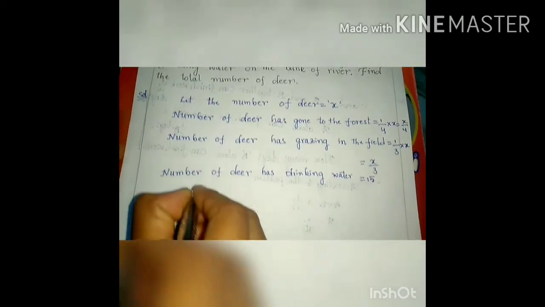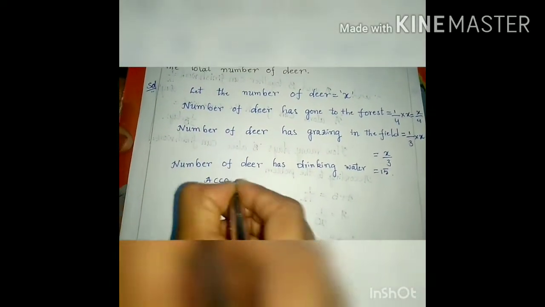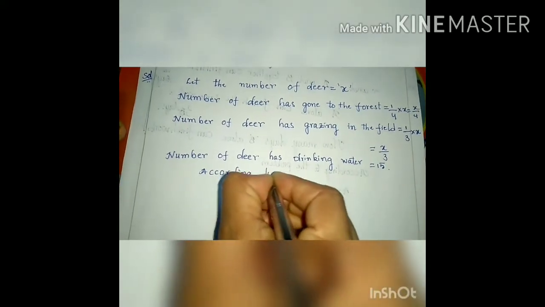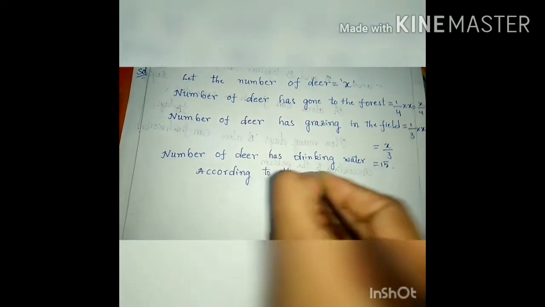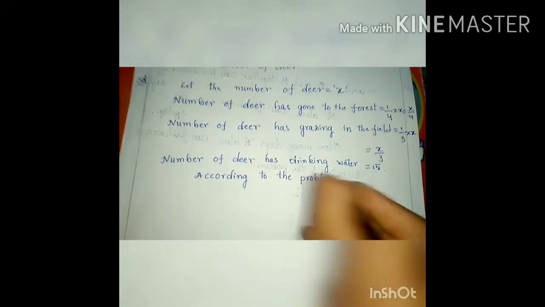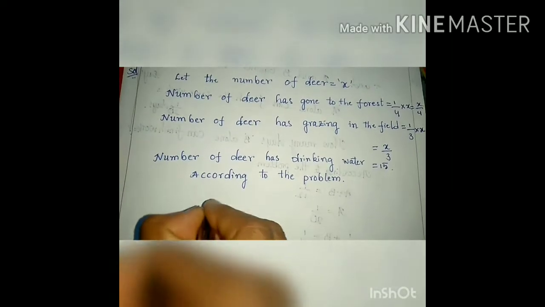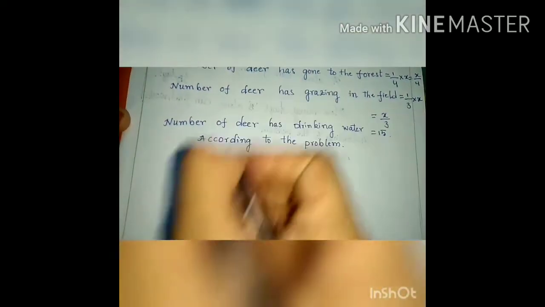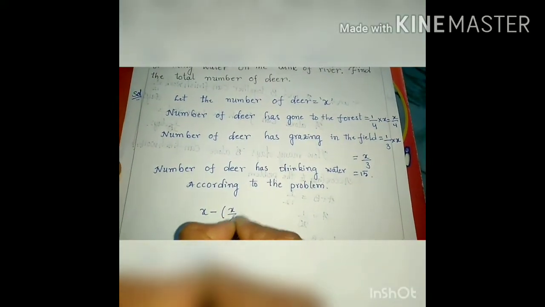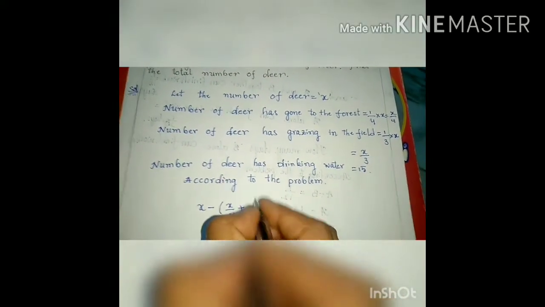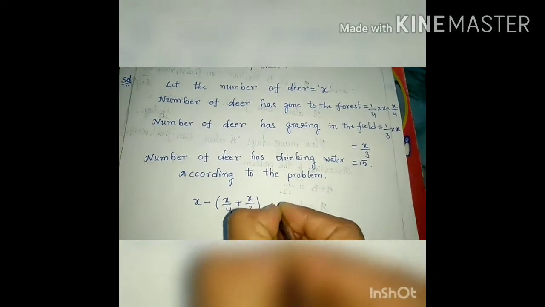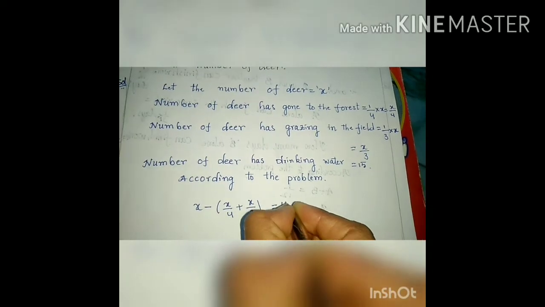So next, according to the problem, the total number of deer minus those gone to the forest, x by 4, plus those grazing in the field, x by 3, equal to the deer drinking water.